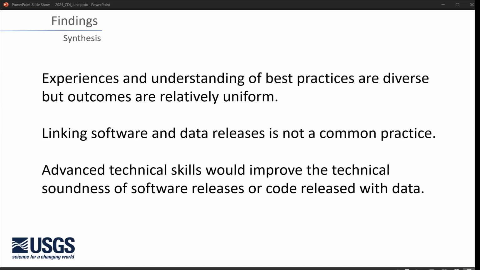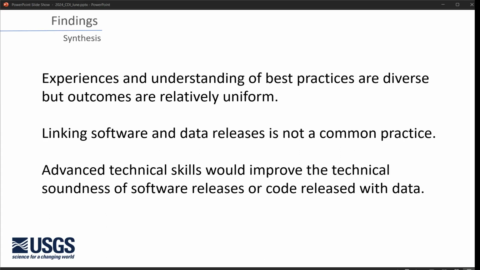Particularly, it was noted that the USGS tracking system, which supports the linkage of information products, such as publications, software releases, and data releases, does not support the relatability to external releases. If a USGS author was on a publication but not on the data release, there wasn't a way to connect these items.